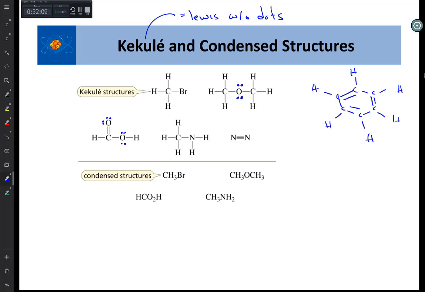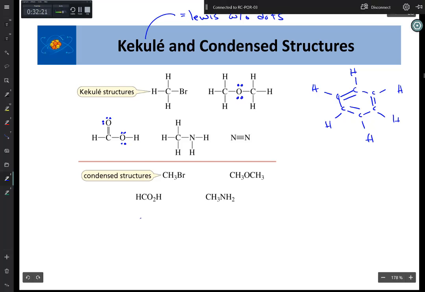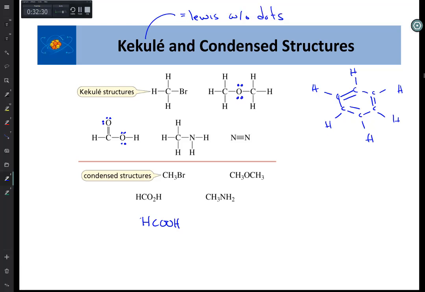This one gets written a whole bunch of different ways. This hydrogen is written to the left, and then C double bond O, that's CO2H, or more commonly, chemists will write it like this, HCOOH. That's more commonly how you see it.